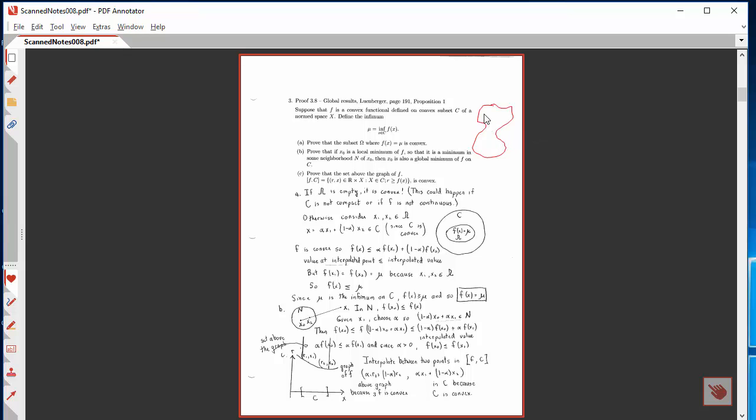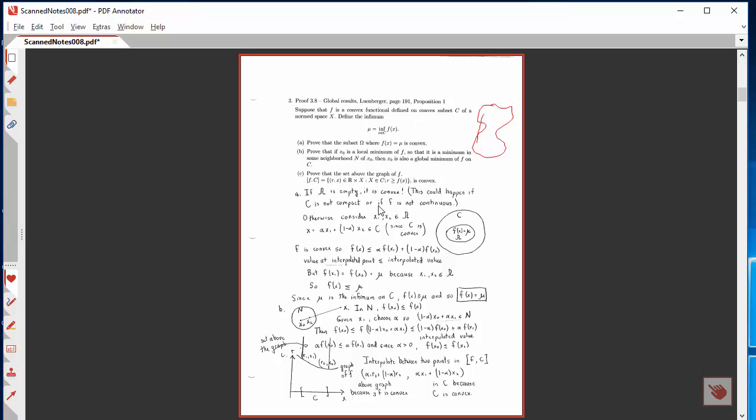And the problem with that is that the function is not convex in that case, because if you look at that line, as well as I can draw it, up here, the value at the interpolated point is greater than the interpolation of the two values.